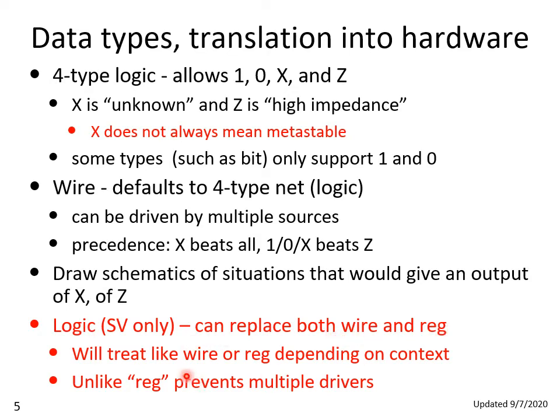And what will happen is the software will treat the logic type as if it was a wire or as a variable, depending on the situation. So if you assign a value using assign statements, it's going to treat it like a wire. If you assign a value from a procedural block, it's going to treat it like a variable.